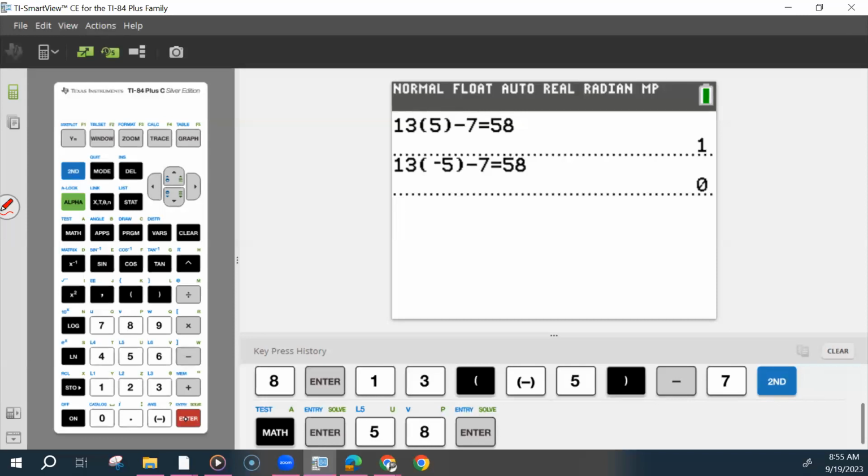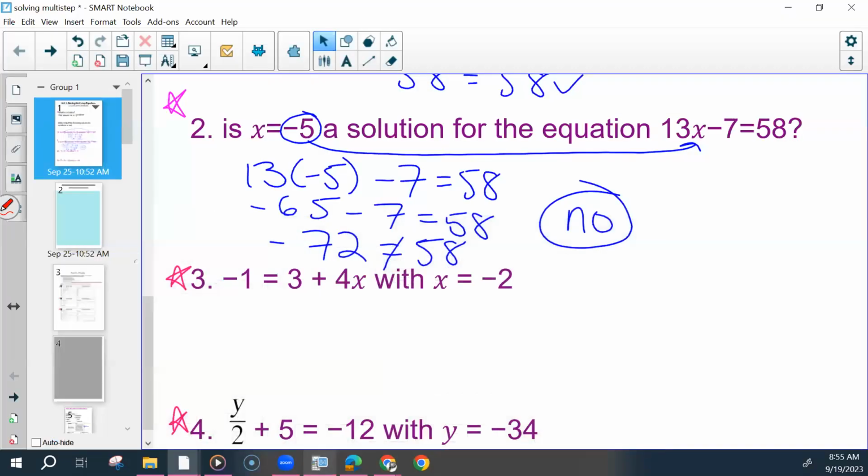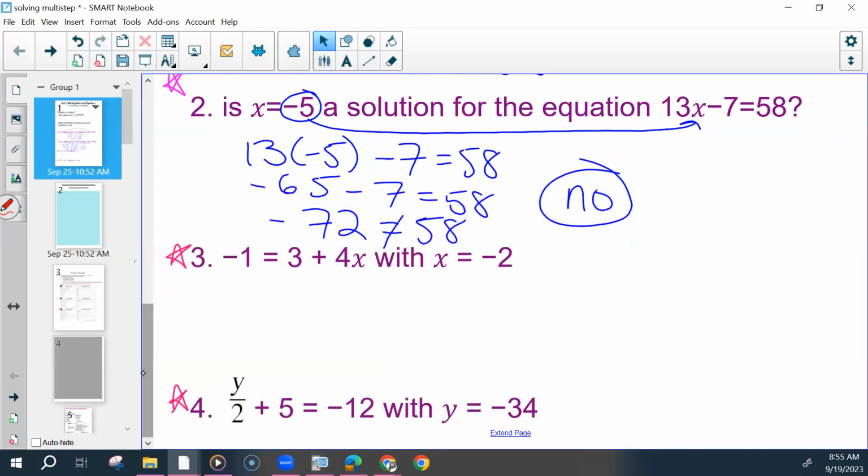Questions on how to check yourself in the calculator? I'm gonna give you a couple minutes. I want you to do the same thing we just did with 3 and 4. Check to see, are these solutions or are they not? Okay. For number 3, I have to make sure this is still recording.